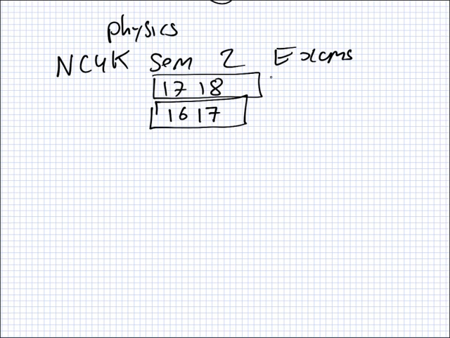So how many exams are in the 17, 18 folder? How many versions? 4? There's V1, V2, V3 and V4? Semester 2, right? Do you have it? Not on the screen there.